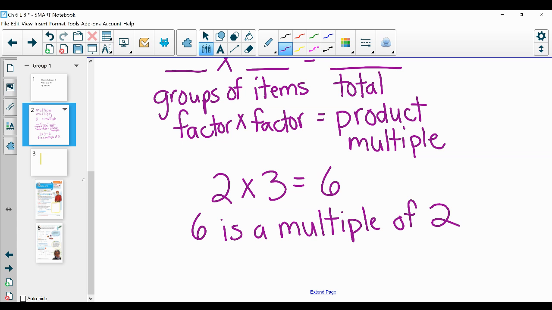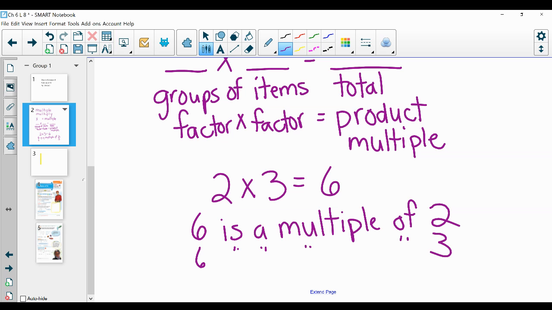You can also say that 6 is a multiple of 3 as well because you multiply a number by 3 and you get 6. So that is what a multiple is. Same thing as a product.